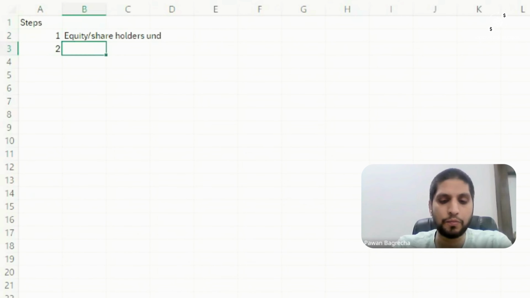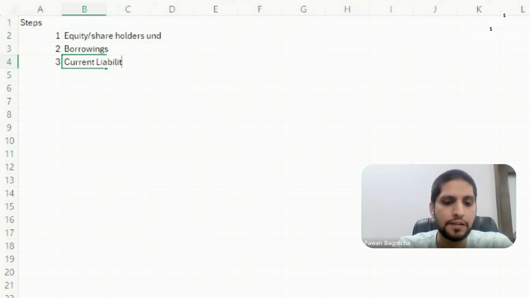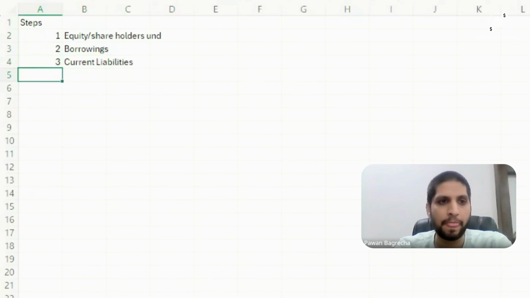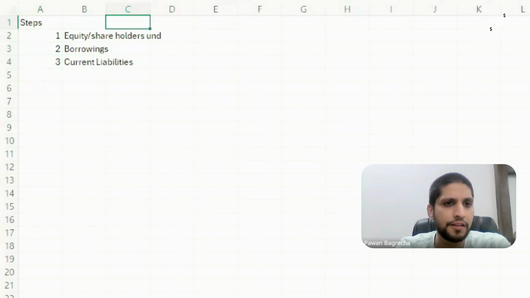Second is borrowings. Third is current liabilities. So it's majorly the credit side.